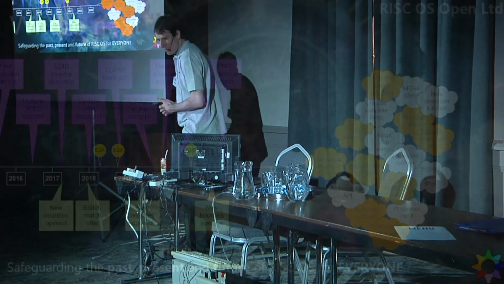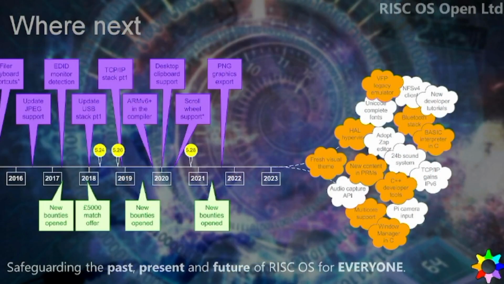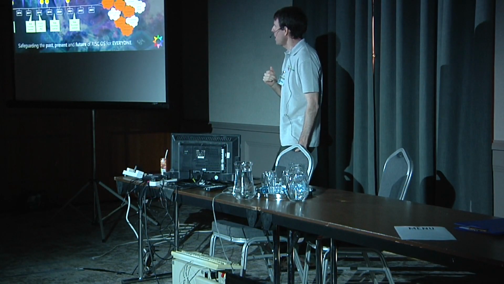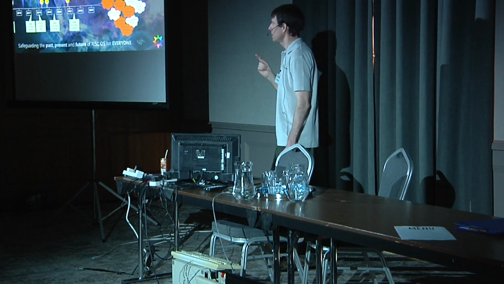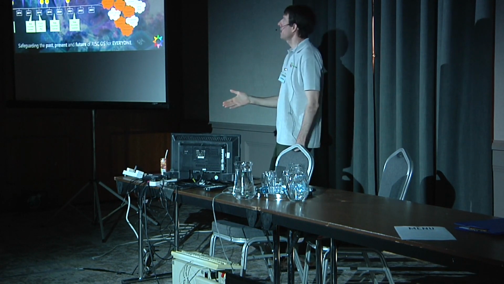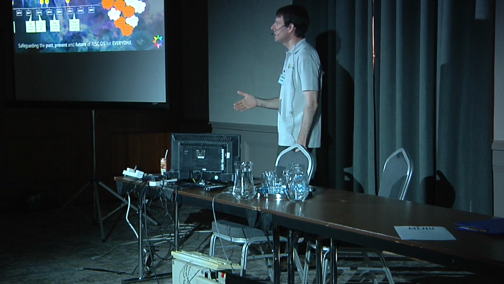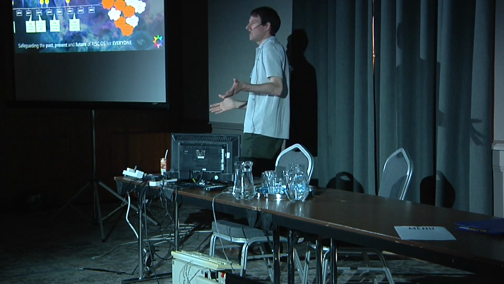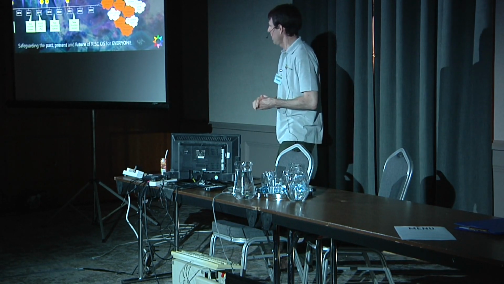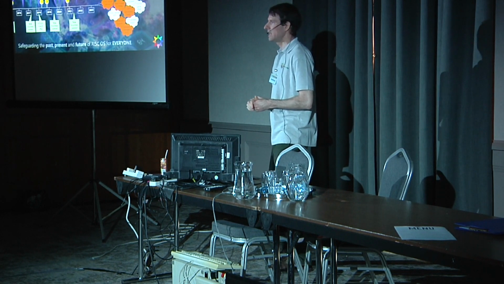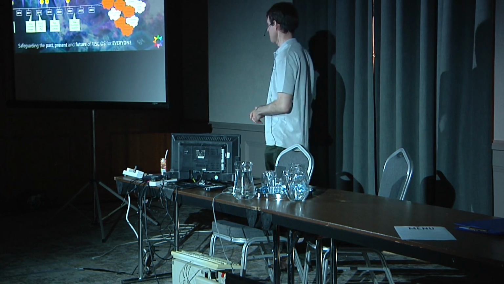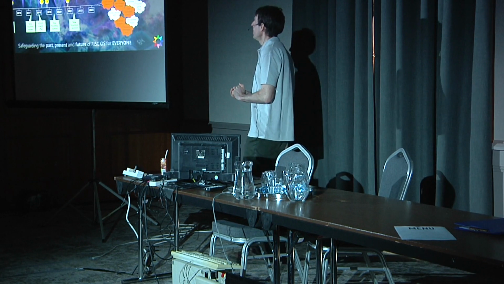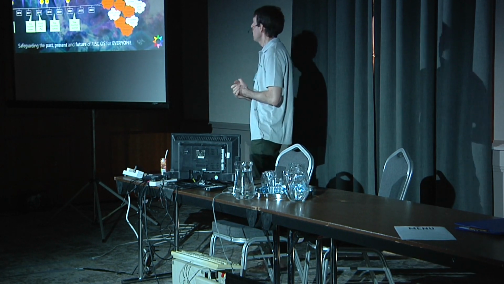VFP legacy emulator. So the idea of that is, at the moment, for floating point support, we try and emulate an FPA floating point unit, which actually dates back to sometime in the mid-90s. And the only computer that's actually had an FPA on it is the A7000 Plus. That's it. No other computers that we can currently run RISC OS on have FPA hardware.